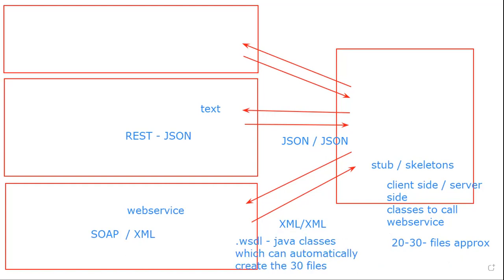Creating these 30 is just an example. In a big service, it will be like 100 plus files, 100, 200 files. You cannot create those files manually. It doesn't make sense to create them also, because much of it will be redundant code, internally calling the web service. That's a totally different technology.